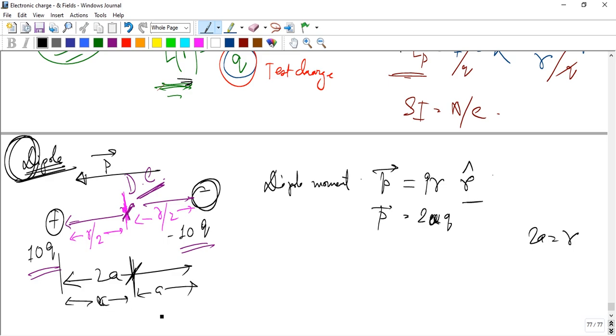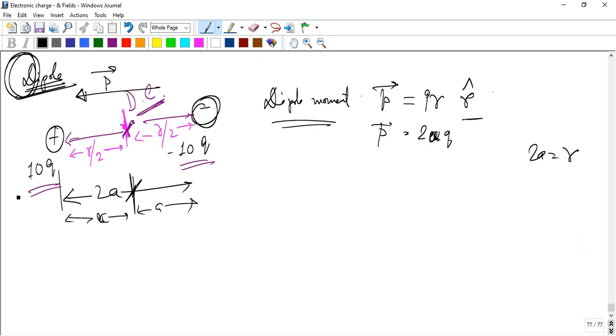There is a dipole moment associated, and if a dipole is placed in an external electric field, the dipole experiences some torque.